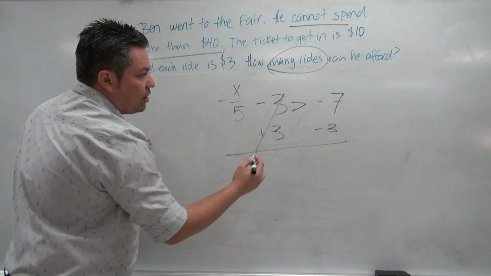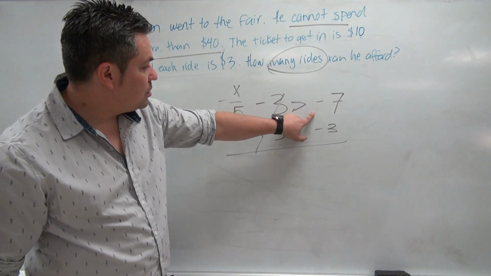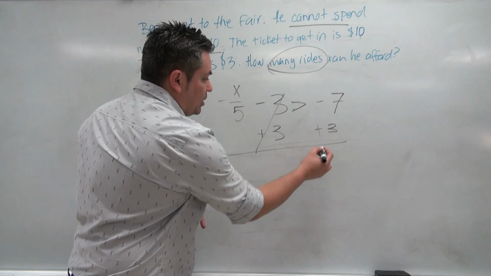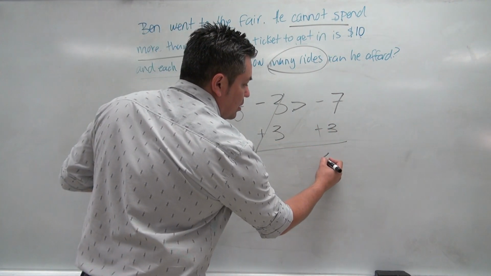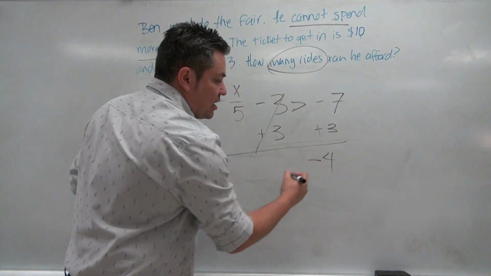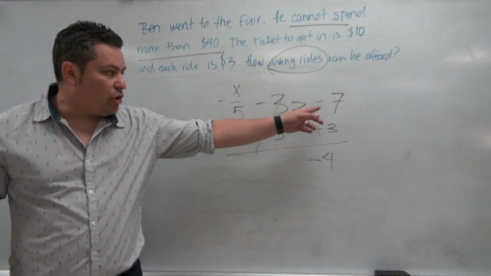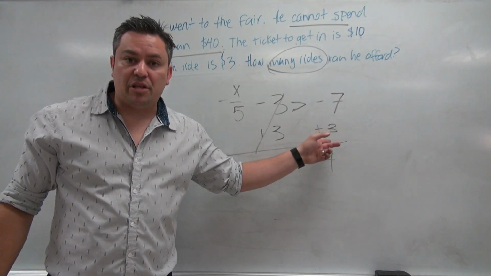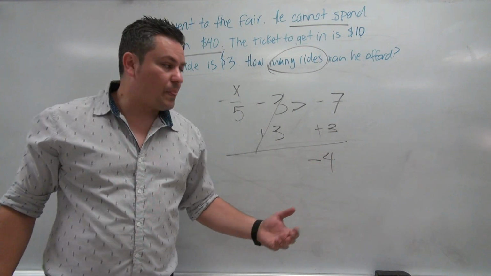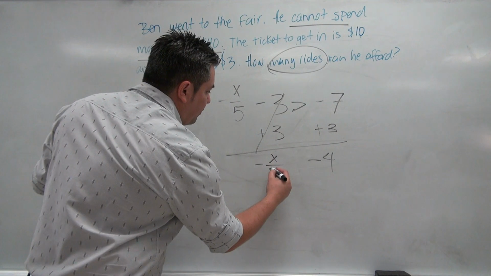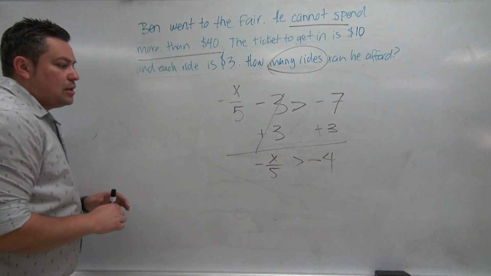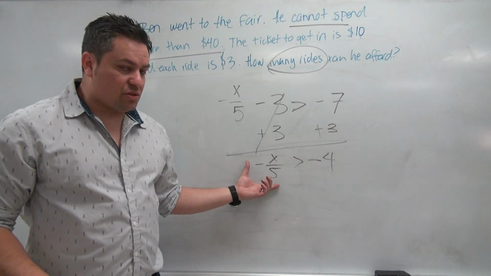So that cancels out. -7 plus 3 is -4. It's like you owe me $7 and then you pay me 3, but you still owe me money, right? Now that cancels out, so you're left with -x over 5 greater than -4. My last step is to do what?